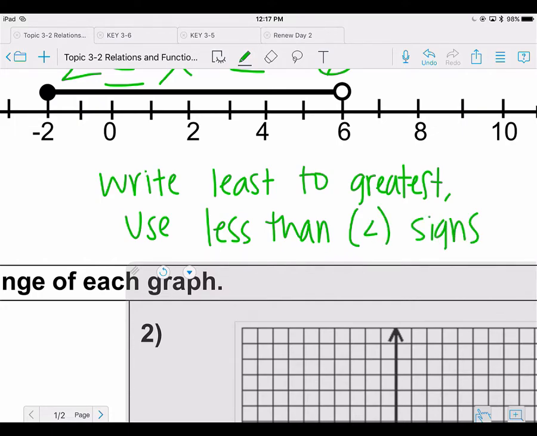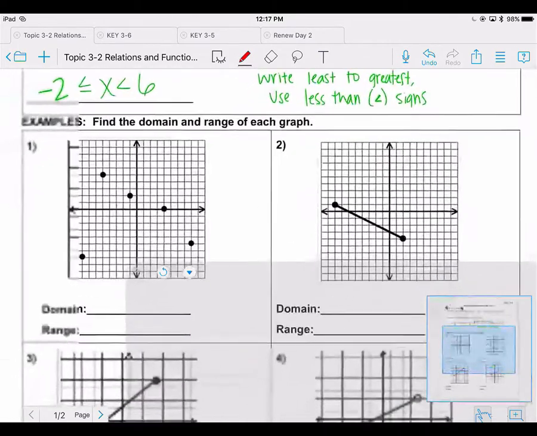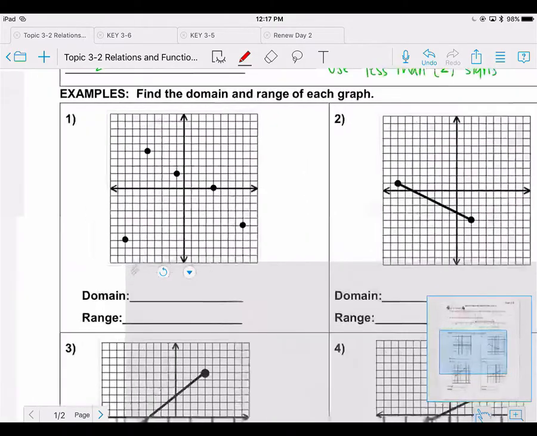I drew out the less than sign for you to remind you that the less than looks like a little slanted L. The other sign that goes the other way is the greater than. On all of your standardized tests, they will be written least to greatest with less than signs, so anytime that it is necessary, that's what we are going to use.